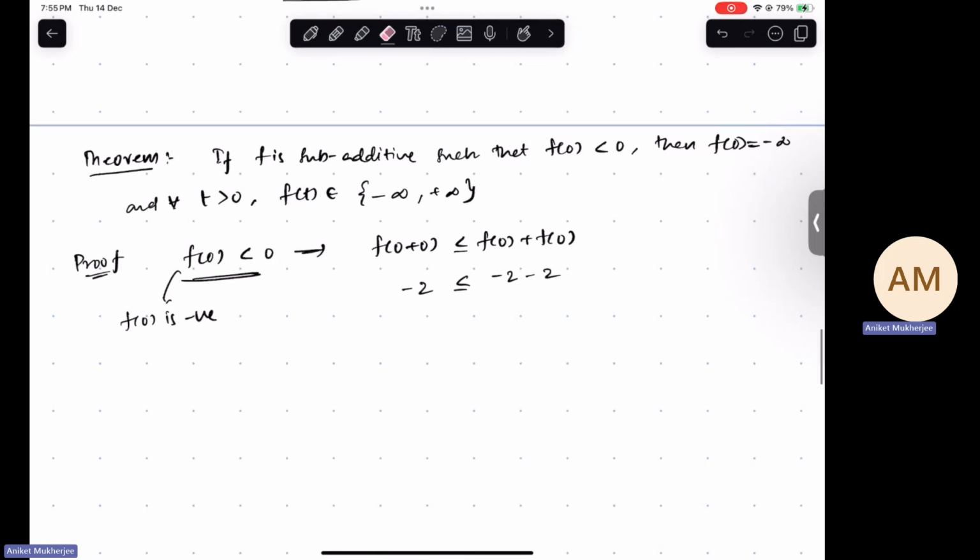So for this to be satisfied, let me make one more thing clear: these orders are all the natural order, not the dioid order. This is also a natural order, not the dioid order. Okay.